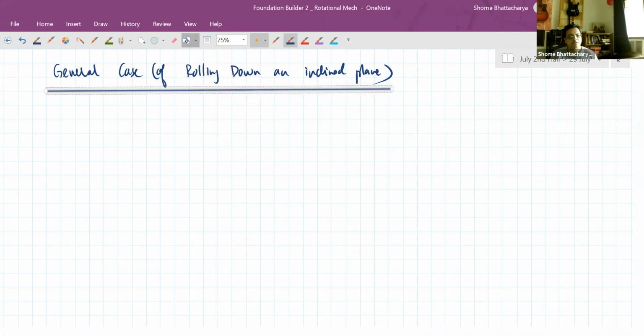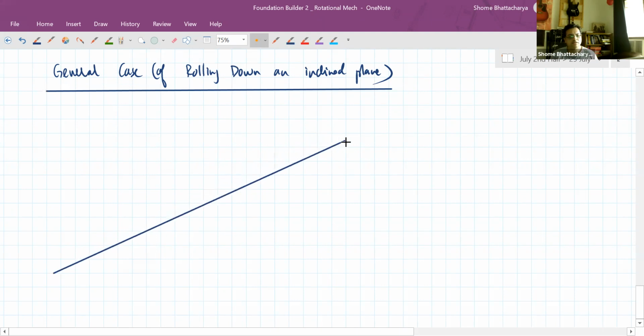Same type of diagram, but instead of a solid cylinder, it could be any round object. The formula of moment of inertia may not be 1 by 2 mr square, it could be any factor into it.